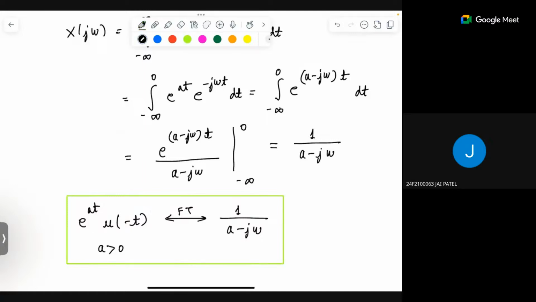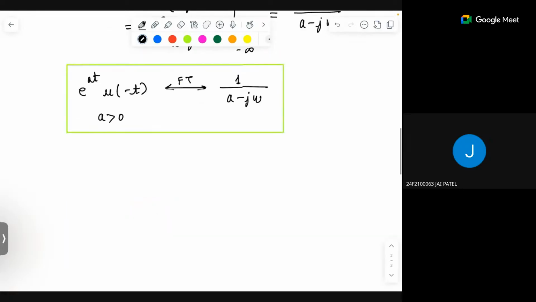Yes, ma'am. Now in part C, you have to combine both of these things. So part C is the following. x of t is equal to e raised to the power of minus a mod t. You have to find the Fourier transform of x of t.